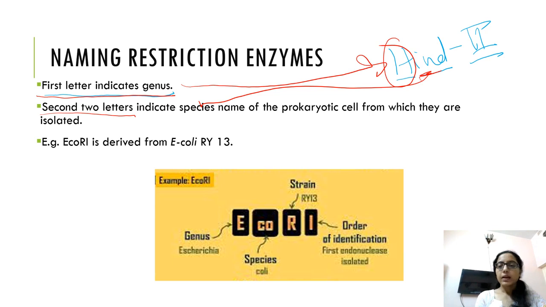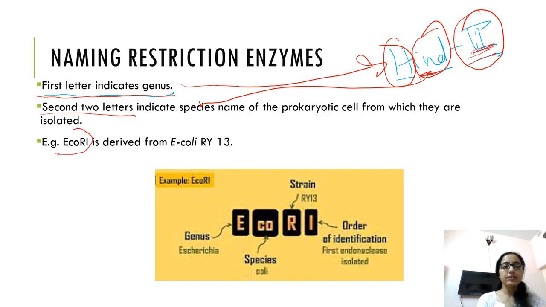The next letter is the strain from where they are isolated, and this 2 is the series in which they are identified.